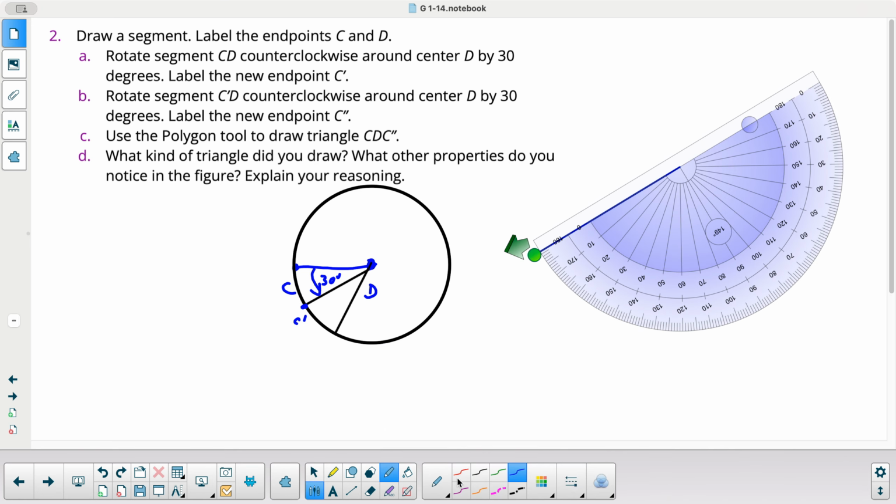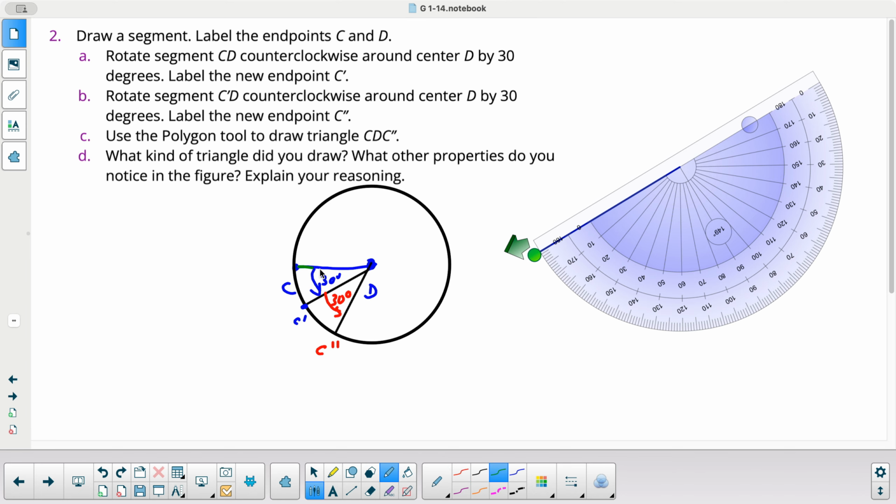Okay, so here we go again. So I'm going to label this C double prime. So draw triangle C, D, C double prime.